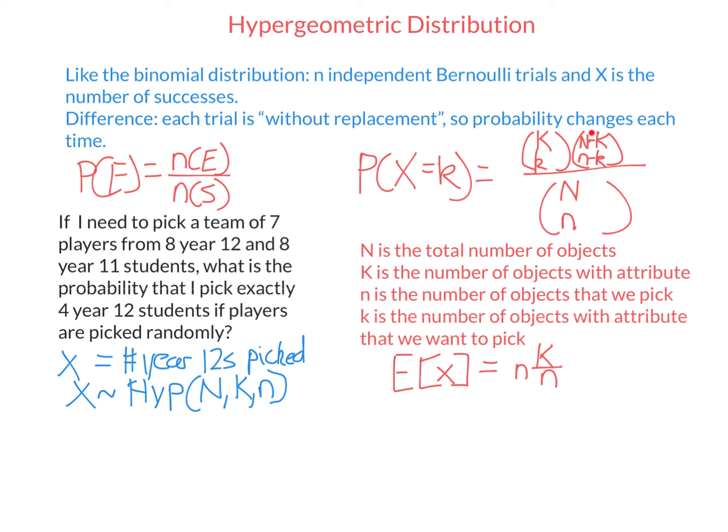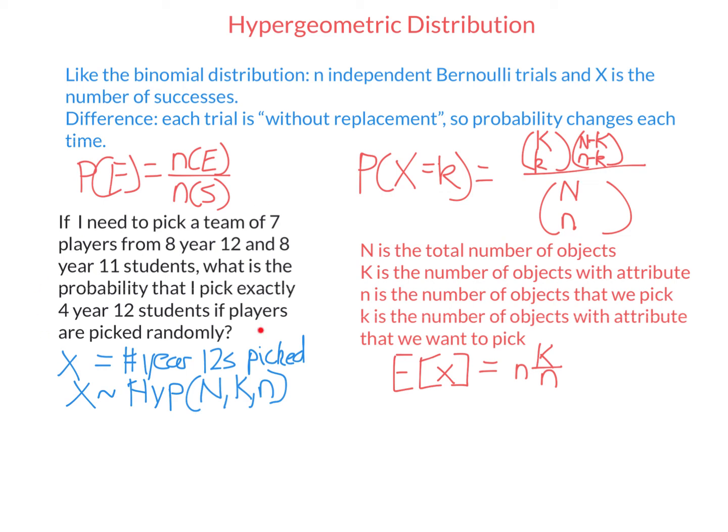So the probability of success is different in the first trial than it is in the second trial, and it's different in the second trial than it is in the third trial, and so on. So, to calculate probabilities involving this hypergeometric distribution, we're really using this formula here. Probability of an event is the number of ways it can occur over the total number of outcomes.